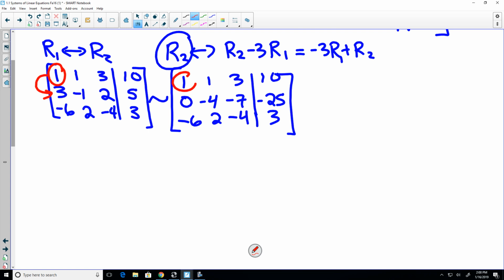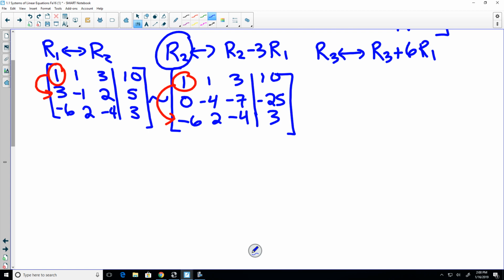So the next step is to pivot again. Use that 1 and make that negative 6 a 0 at the bottom. So how am I going to do that? R3 plus 6R1. So I'm changing R3, and I'm going to take R3 and add 6R1.